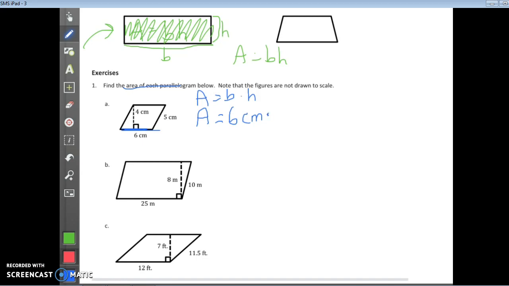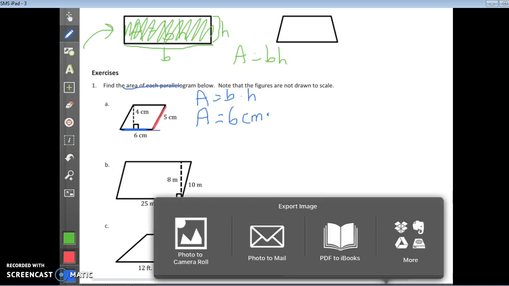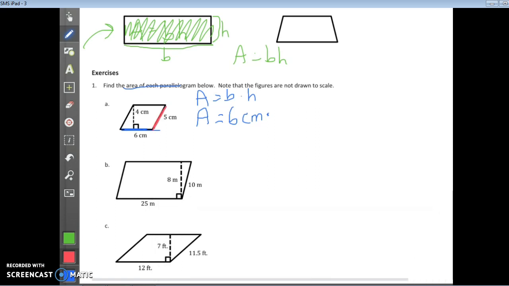Now we have two numbers to play with here. It's the 5 or the 4, which is this one over here. Now 5 goes from the bottom to the top, but it's not a vertical line. 5 is the length of the side, but not the height.